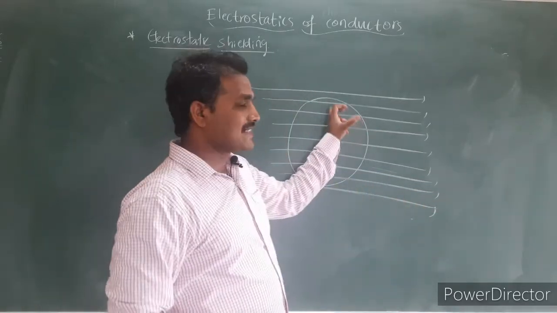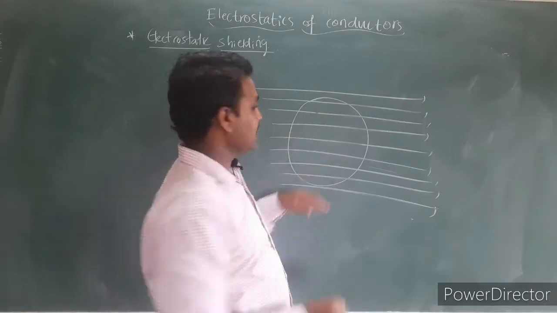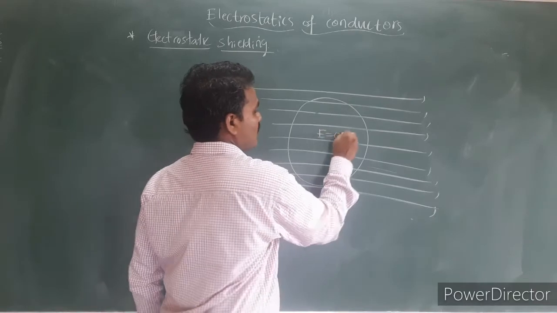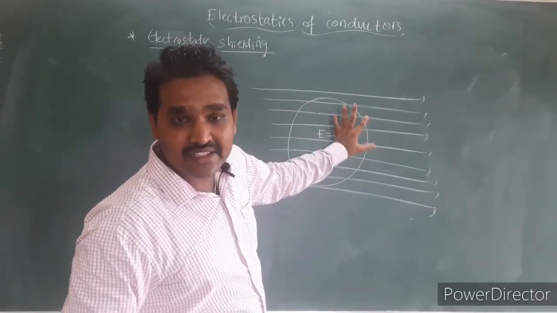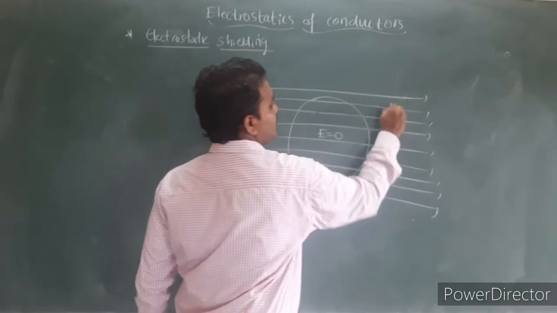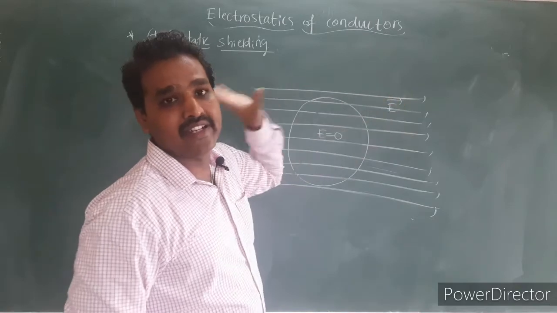And all over inside the conductor, we have the electric field equal to 0. Just now we have proved that the net electric field inside the conductor is equal to 0, even though the conductor is placed inside a strong electric field.